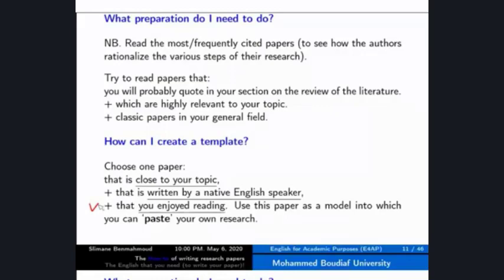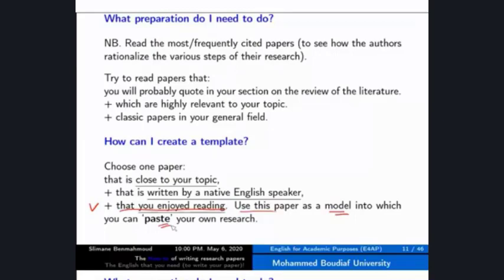Try also to choose the paper that you enjoy reading. You will not hate this paper. So use this paper as a model, as I have already said, into which you can paste your own research. Again, we are speaking metaphorically. Paste is not the paste we know.